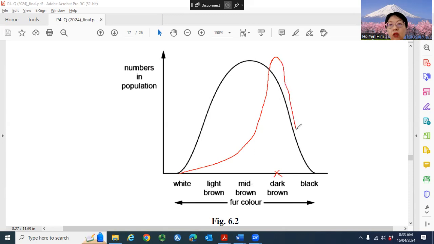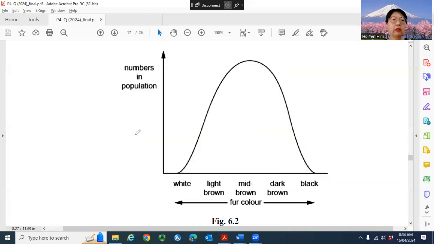But it should end all the way at black. Some students don't get the mark because you end outside the black color, which means suddenly there are more black colors appearing here. So this is wrong, because the origin doesn't have other colors. The optimum should be at dark brown, and then the curve should be narrower than the original. So that's the marking point.